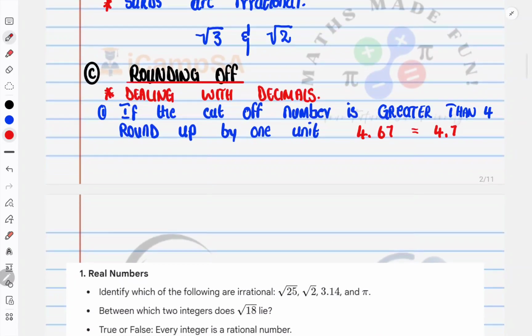Okay. And then number 2, if the cutoff number is less than 5, we'll leave the number as it is.